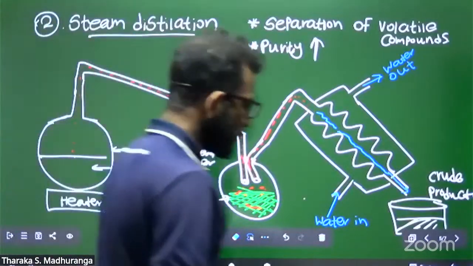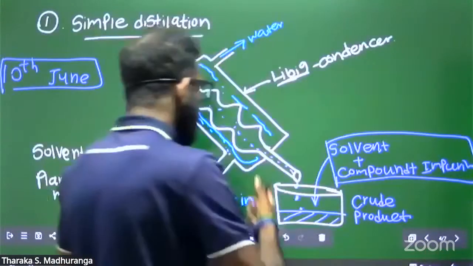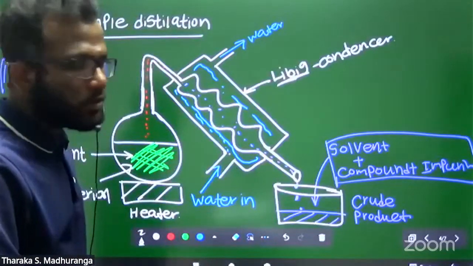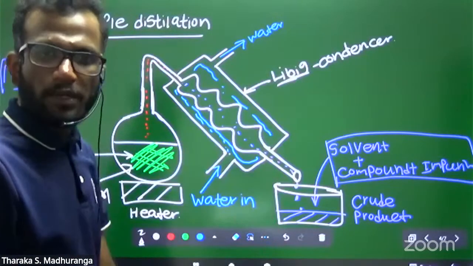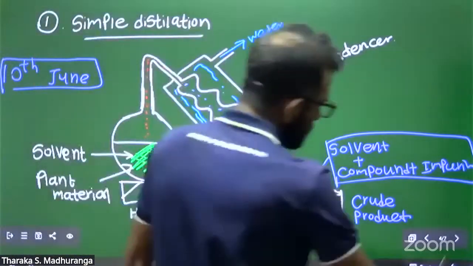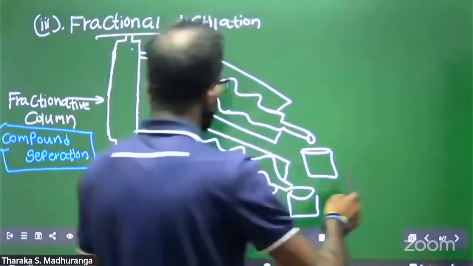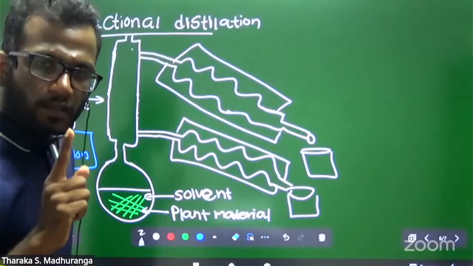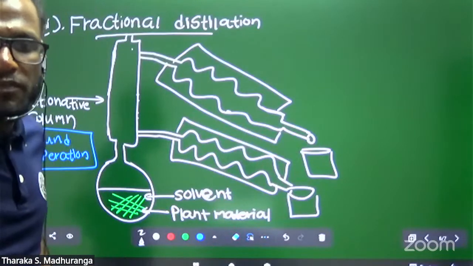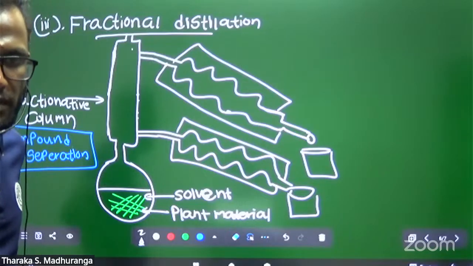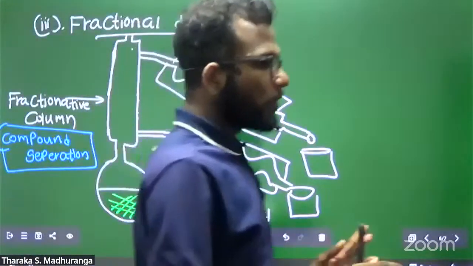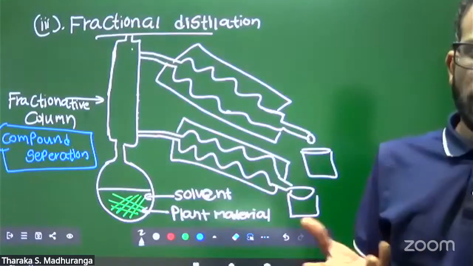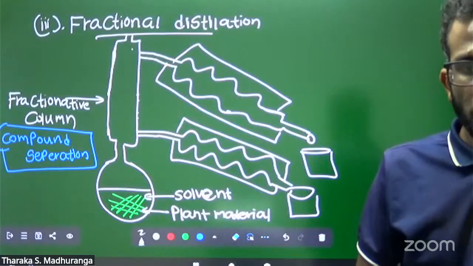If you need to separate both volatile and non-volatile compounds, you can go with simple distillation. If you want to separate more than one compound from one plant material, then you can go with fractional distillation. According to your purpose, you can find the required suitable method.